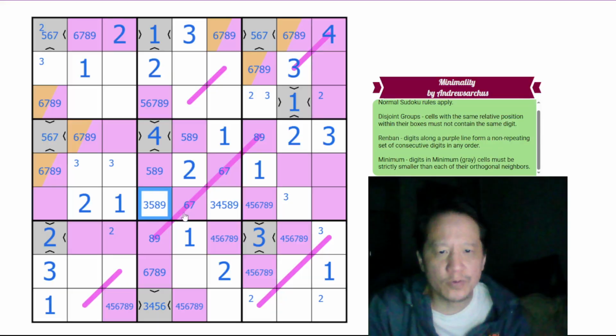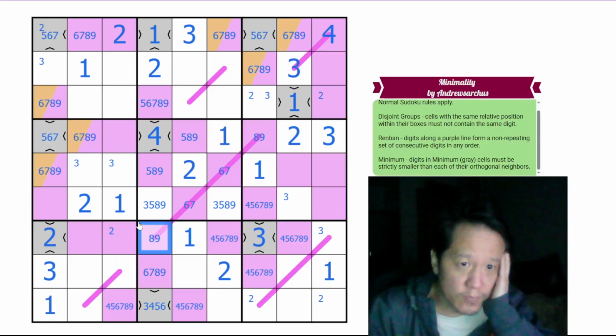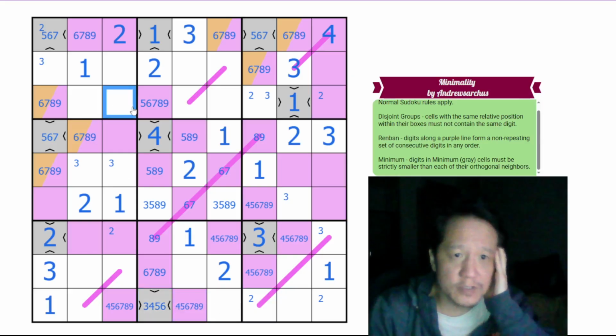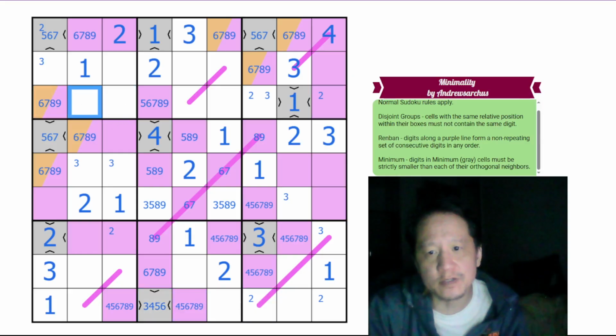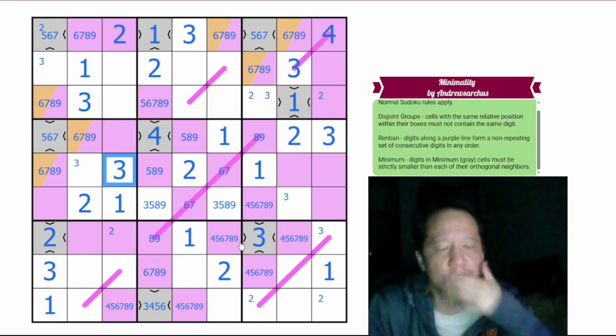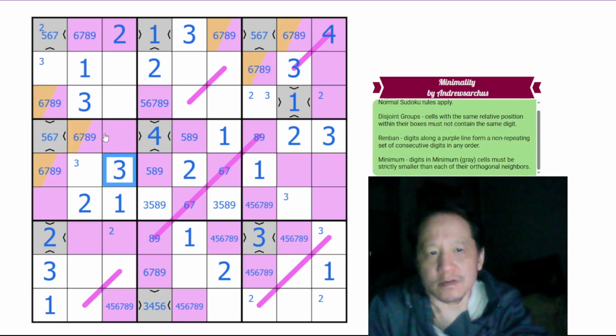No 4 remaining here. This seems okay. So 3 is one of these two, which means this cannot be 3, so 3 has to be here, which makes that a 3. That seems fine.